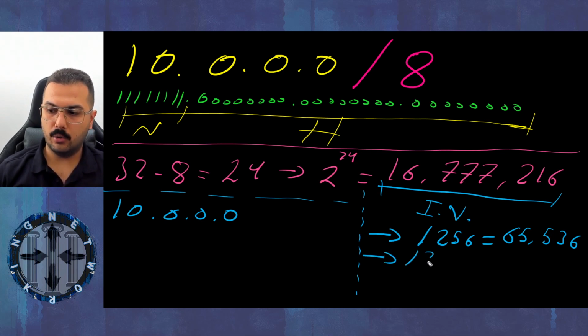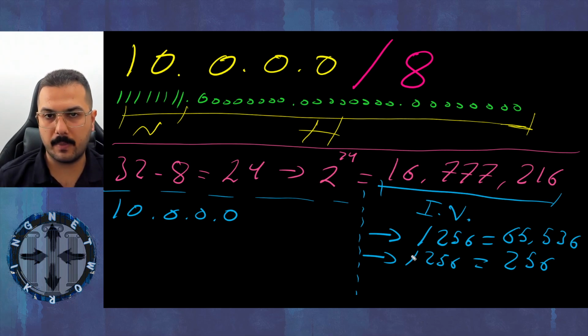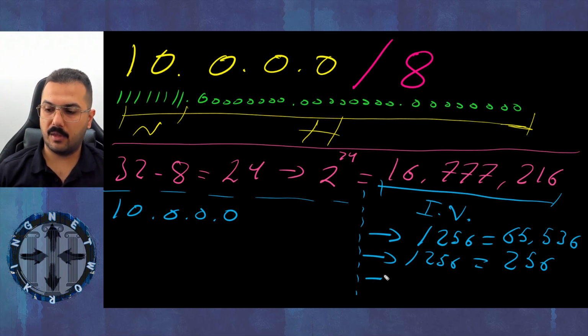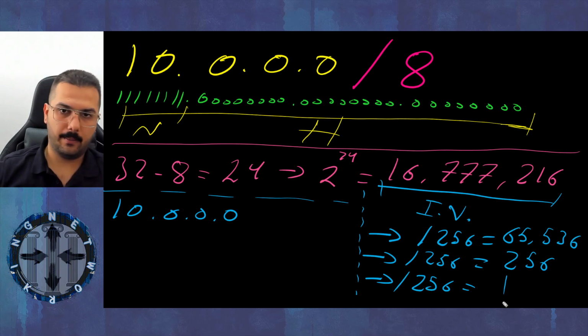Again, divided by 256 results in 256, which still equals or is bigger than 256. For the third time, dividing by 256 results in 1.